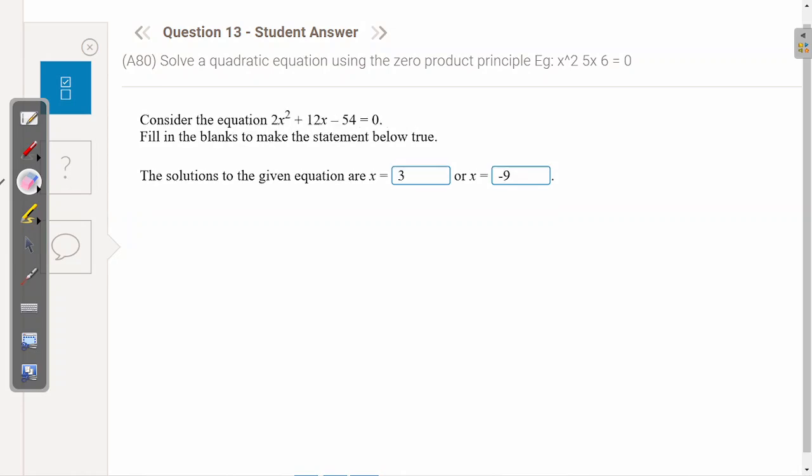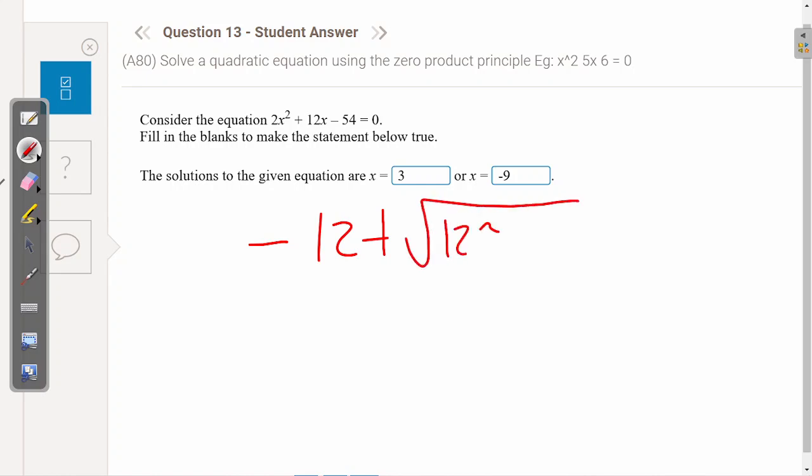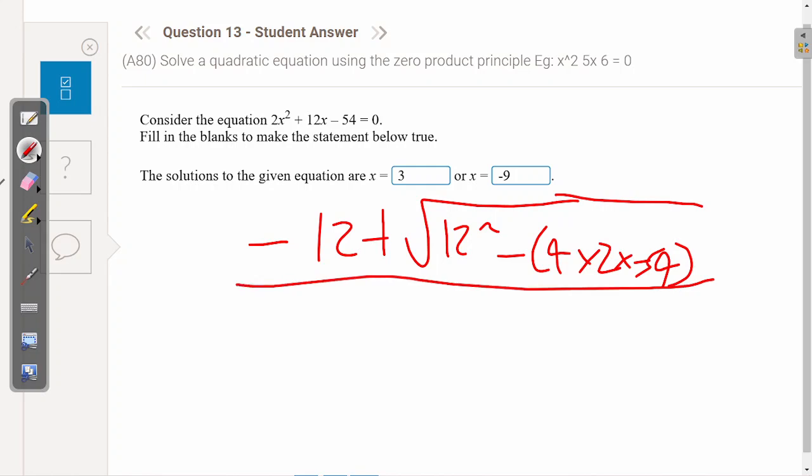Okay, for this you can factor if you want, but quadratic formula is always easier. So negative b, negative 12 plus radical 12 squared minus 4 times 2 times negative 54, all of it over 2 times 2.